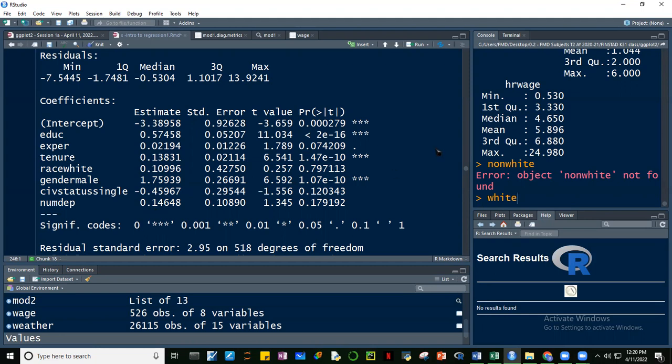Sir, for race, I think it's like people of white color earn 0.10 more than non-white. Yes, that's the interpretation. So, Justin? Yes, sir. You're correct, Justin. That's the interpretation.